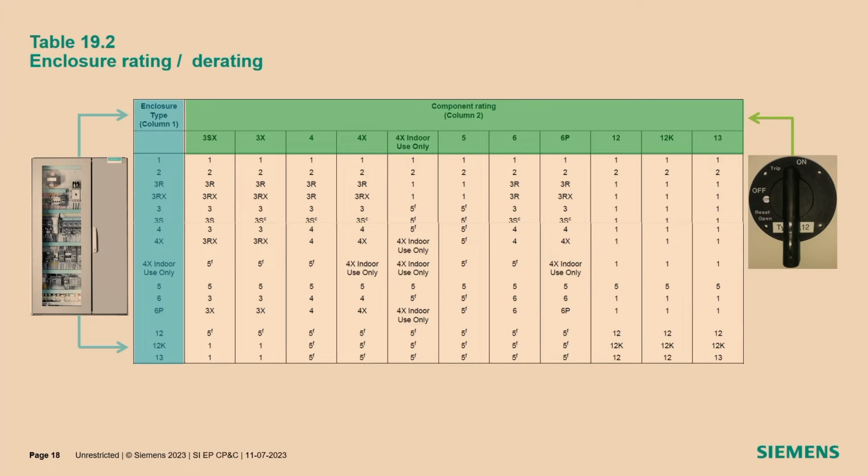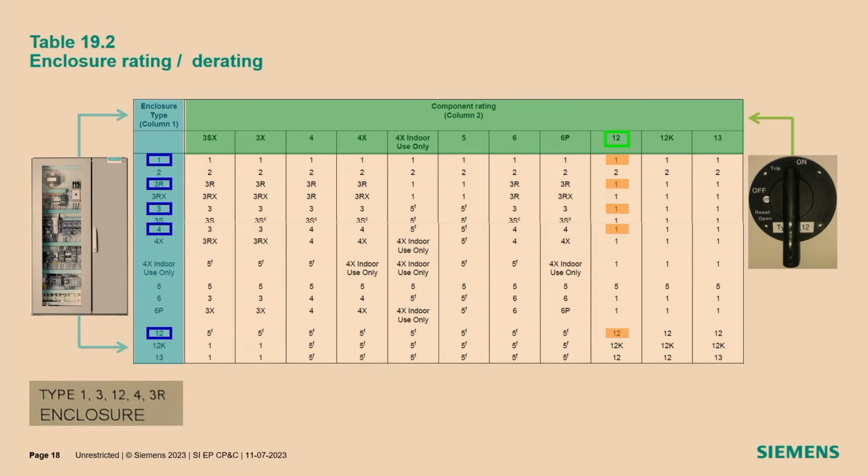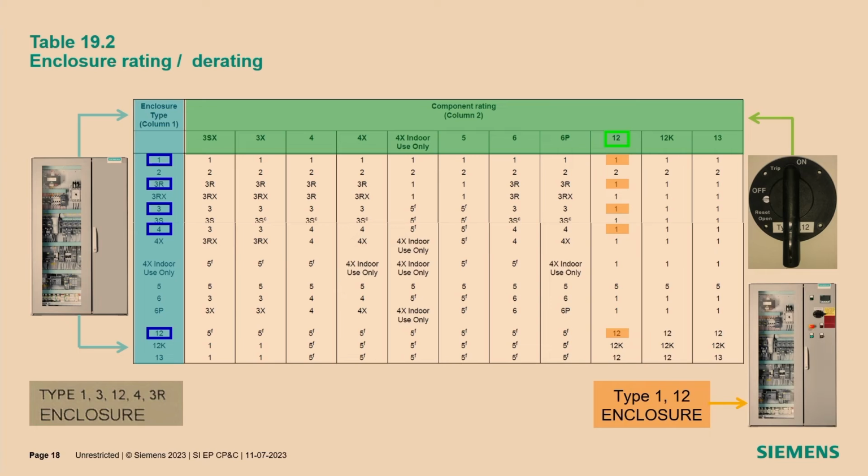So let's start with an example. We have an enclosure type of the empty enclosure, which is 1, 3, 12, 4, and 3R. On the other side, we have the handle, which is made from plastic. And the highest enclosure type of that handle is 12. Now we match both together, and we can see that the combination of all these enclosure types, the handle including the tested cabinet, is now 1 and 12, not more.